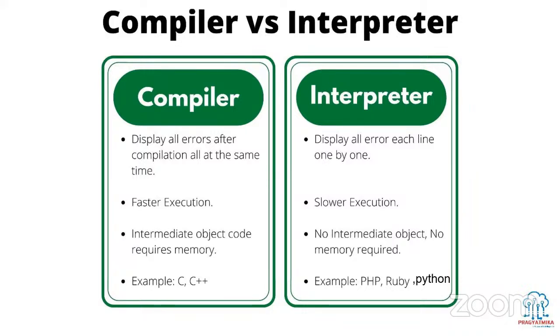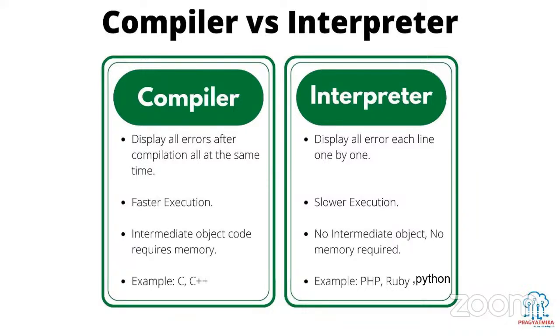Why do we use an interpreter? It executes the program line by line so that we can easily debug, and errors are reported immediately. When you write a Python program with the wrong syntax, you can see the red line there, which means the errors are reported immediately whenever they occur.